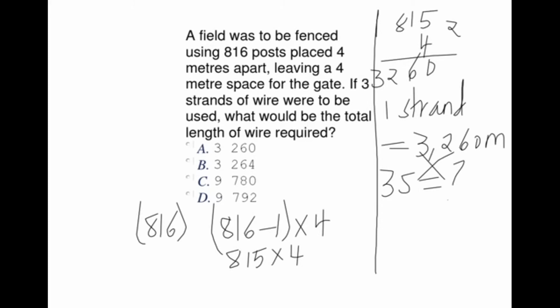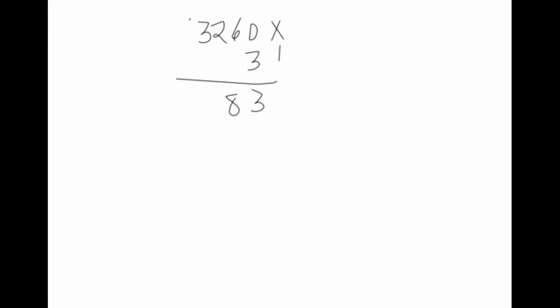For us to know the total length of the wire we require, we have 3 times 3,260. So we multiply this by 3. 3 times 0 is 0. 3 times 6 is 18, carry 1. 3 times 2 is 6, plus 1 is 7. 3 times 3 is 9.